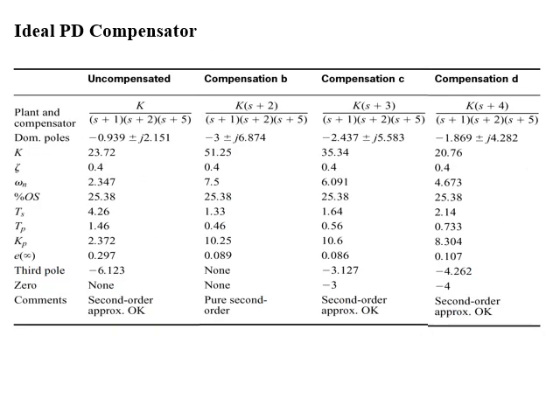Students, in this table, the steady state and transient characteristics of uncompensated and PD compensated system for a 0 at location of -2, -3 and -4 are summarized.